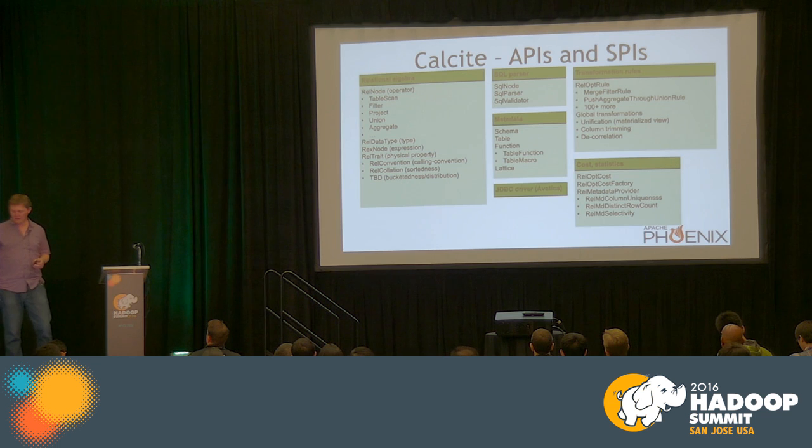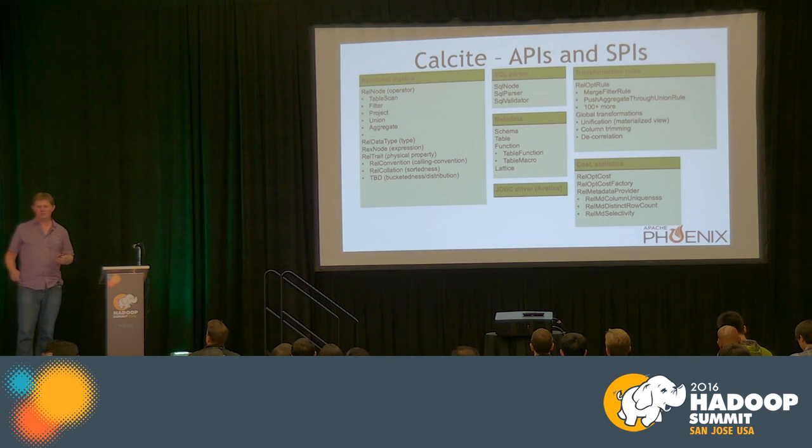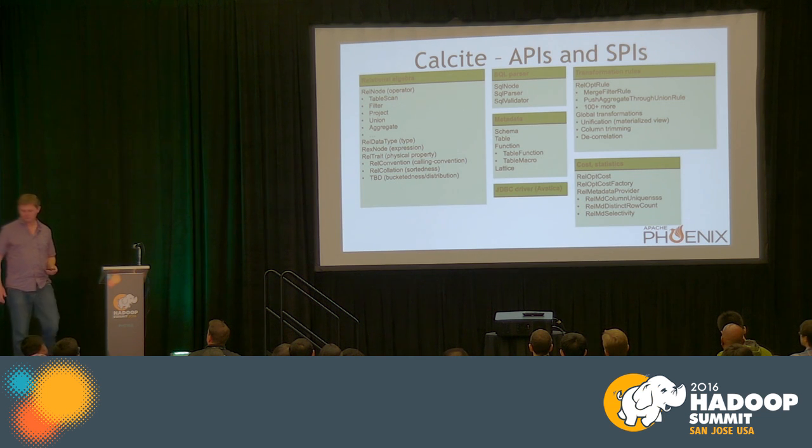One of the things Calcite does is make it easy to throw the existing rules and new rules in a bucket, and it's very forgiving: it will just make all the rules work together. This is an alternative to the anti-pattern, which is the handwritten optimizer, a 20,000-line method full of ifs, which just breaks. And then there are pluggable cost models and statistics and so forth.